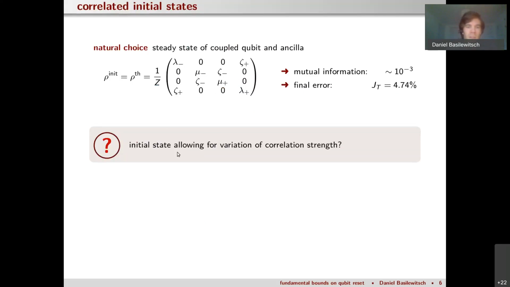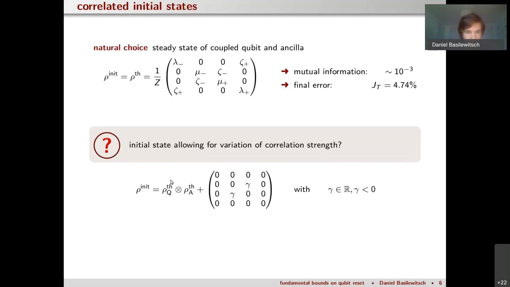So we were looking for an initial state that allows for varying the correlation strength and also increasing it. And to this end, we consider this state, which is the factorizing state with both systems in thermal equilibrium plus this additional term here, with gamma being a real and negative parameter. This is motivated by the natural choice of the steady state, because from the off-diagonal elements, those two, the theta minus were the larger ones, they were real and they were negative.